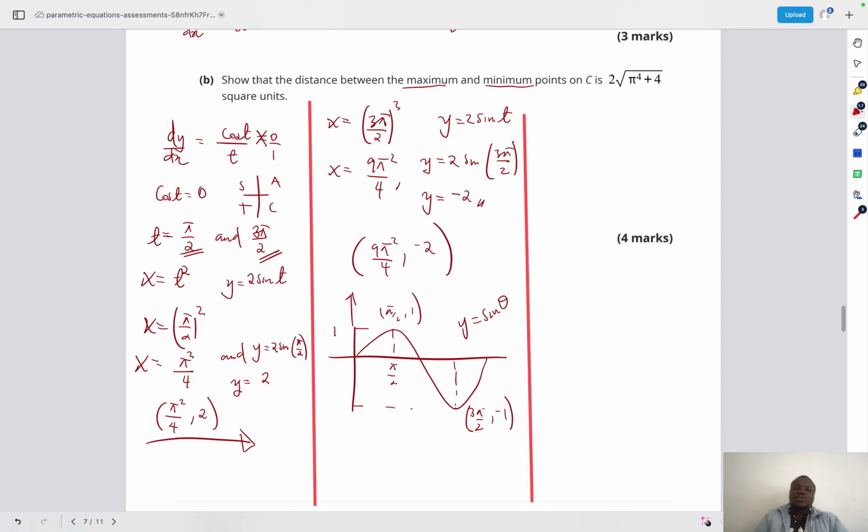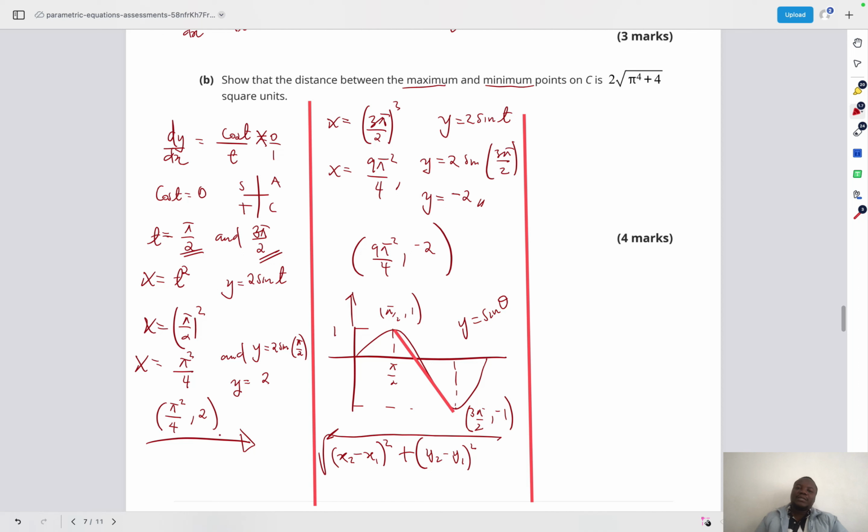Now, this question says, show that the distance between the maximum and minimum point. In this case, what I want you to visualize, although this line is a straight line, is the distance from this point to that point, that straight line that I've drawn there. Now, a straight line distance formula is already given as the square root of x2 minus x1, if you remember, squared, plus y2 minus y1 squared, from when we did coordinate geometry.